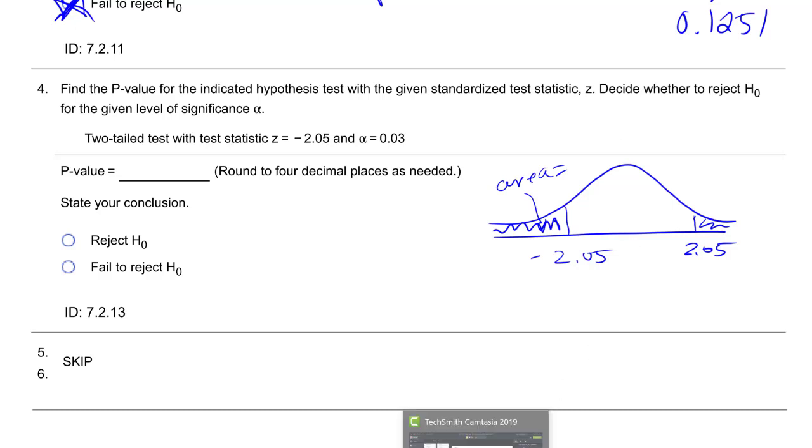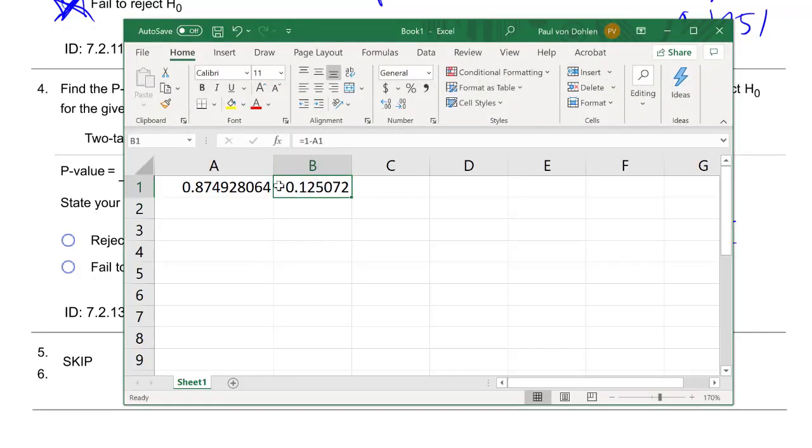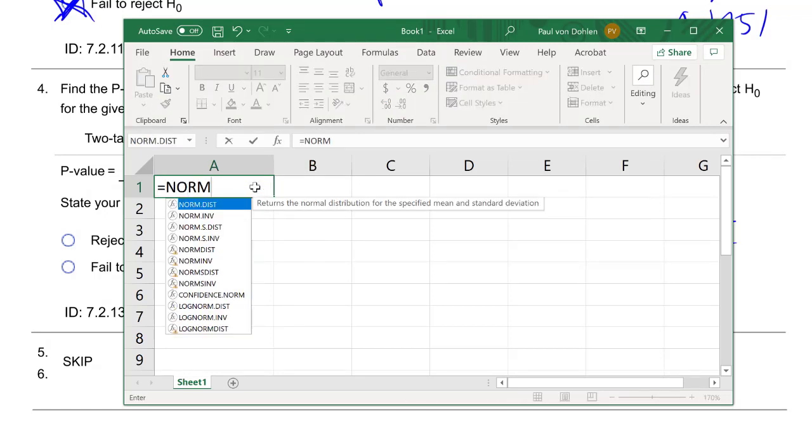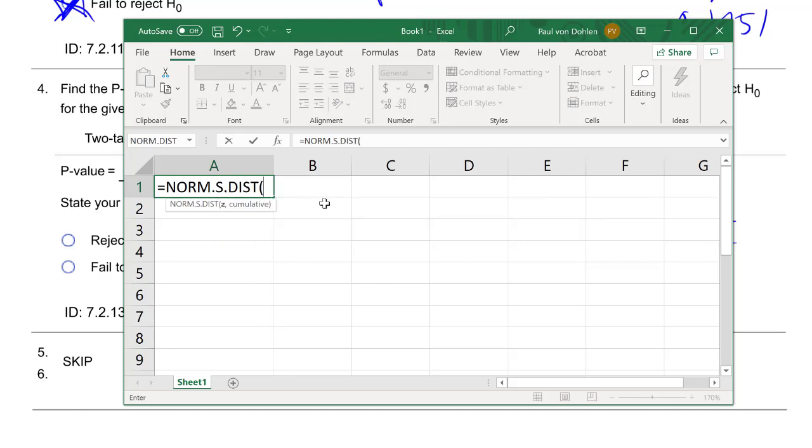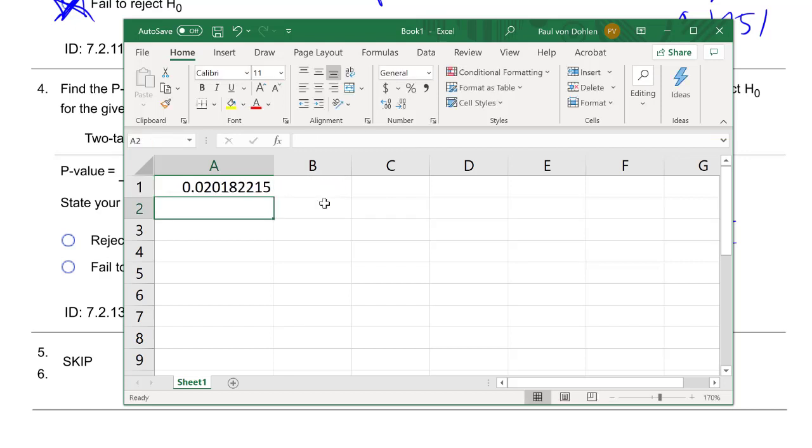Negative 2.05. So equals NORM.S.DIST of negative 2.05, true.